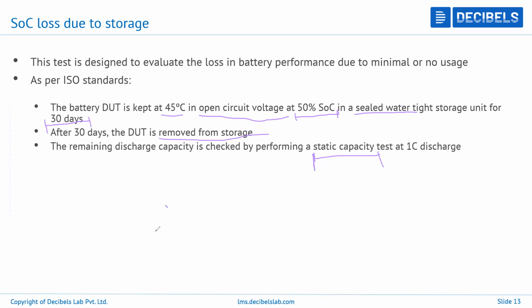Utilizing that, the capacity loss due to extended storage can be obtained. It's not necessary that it has to be only 30 days. It can even be increased up to a period of 12 months.